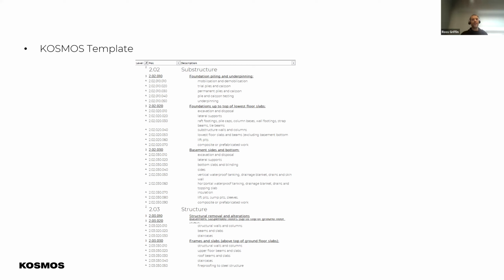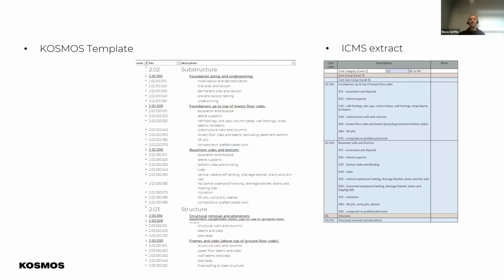So ICMS has defined this for us, and now if we have a look at the ICMS template itself, you can see it on the right. Same terminology, same coding structure, but you look at it and go, well, hang on a sec, Ross, you guys have a 2 in front of the 02020. Yes, we do. The reason for that is the very first initial level isn't defined. It doesn't have a numbering within ICMS, and we found that a challenge when we go into Costex and other systems when we're importing this information.